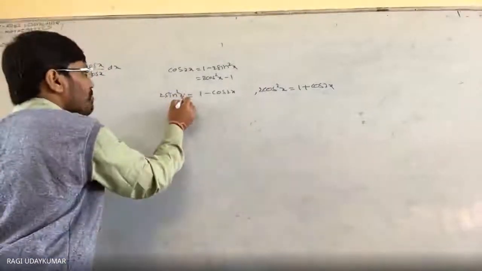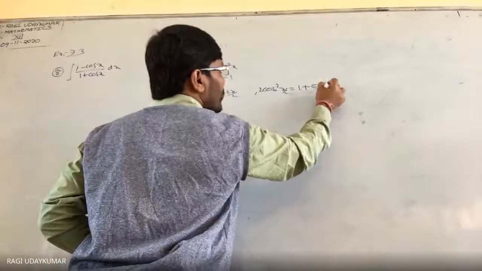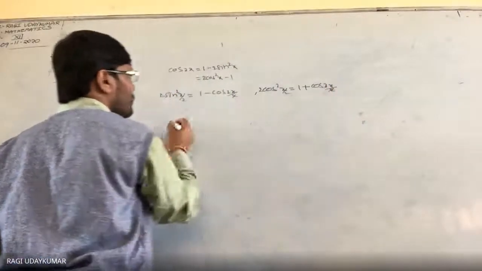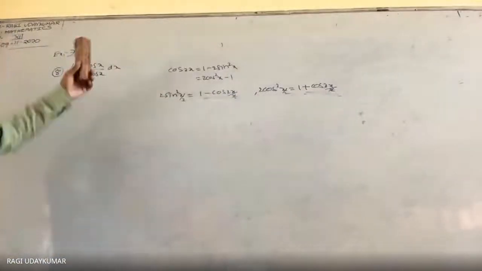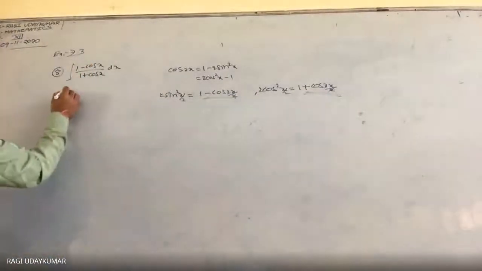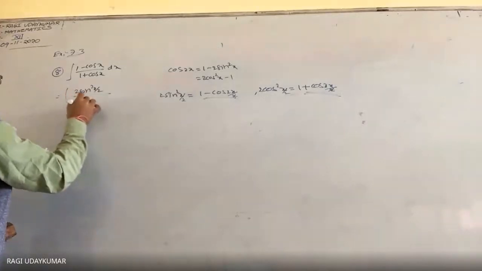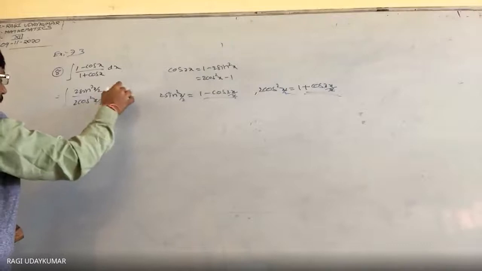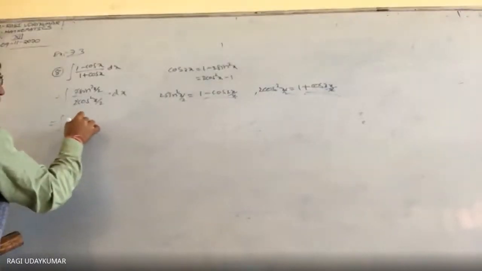Supposing here if I take by 2, here by 2 हो जाएगा, here by 2 हो जाएगा, here by 2. So what do you get here? 1 minus cos x, 1 plus cos x. So 1 minus cos x numerator में है. So that can be written as 2 sin square x by 2 by 2 cos square x by 2 dx. So 2 will get cancelled, integration of tan square x by 2 dx.